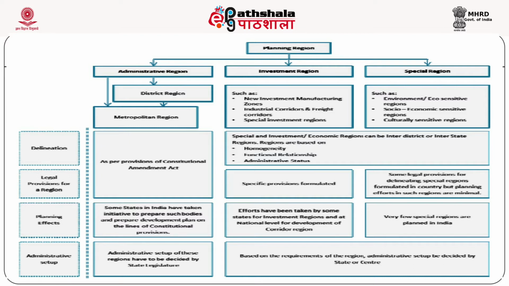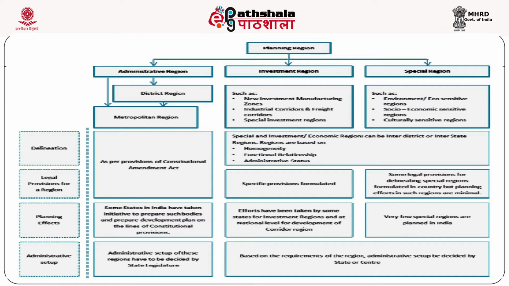So the investment regions as well as the special regions can be either inter-district or interstate regions, and they are worked out or delineated based on homogeneity, functional relationships and administrative status.